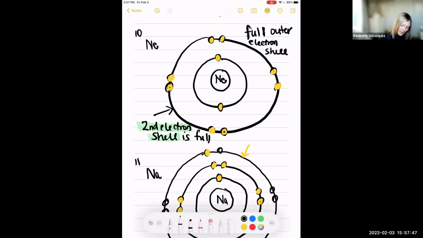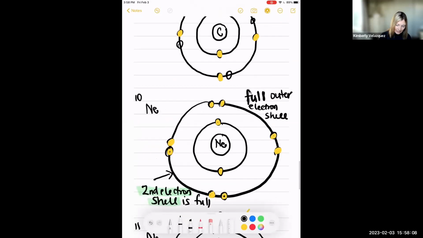Full. It doesn't have any space left for any more electrons in that outer shell. So again, the outer shell is the outermost one, furthest from the nucleus, that actually contains electrons. So third shell is not even there for neon. The third shell doesn't contain any electrons. So that means the second shell is the outermost for neon.